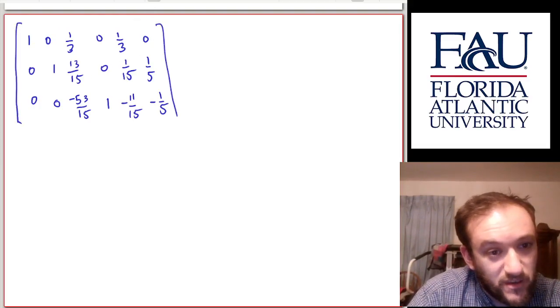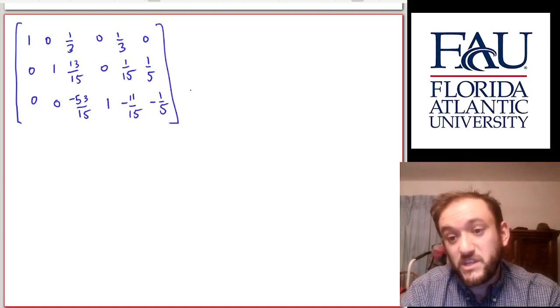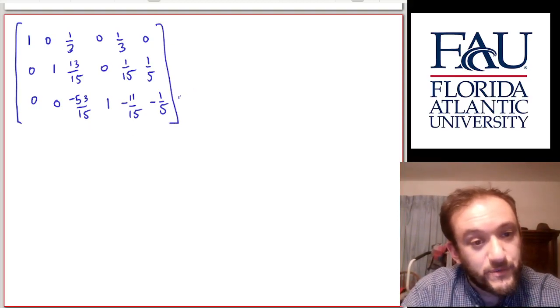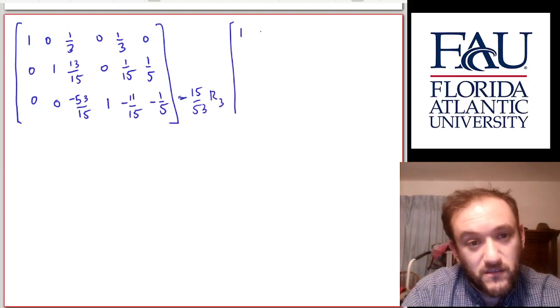Okay, the next step of Gauss-Jordan elimination here is to get a leading 1 here, so we need minus 15 over 53 times row 3, which gives us, okay, first two rows stay the same.